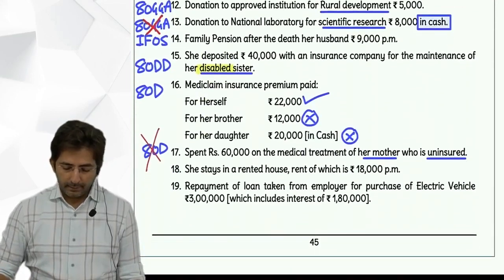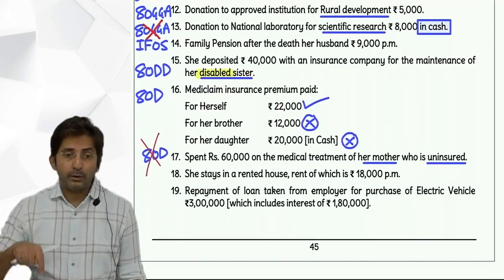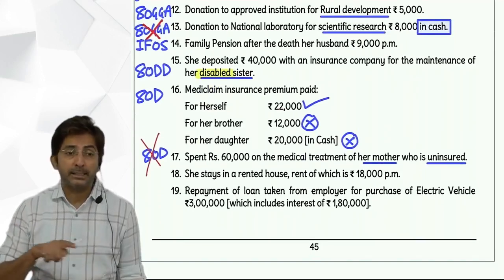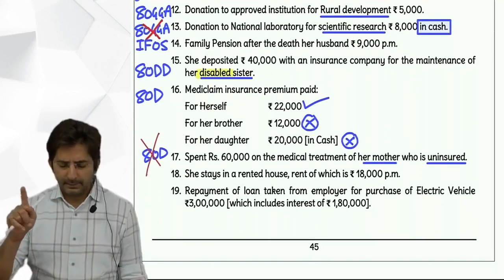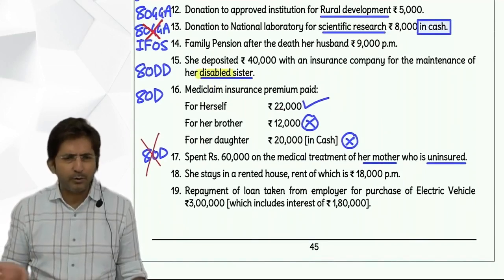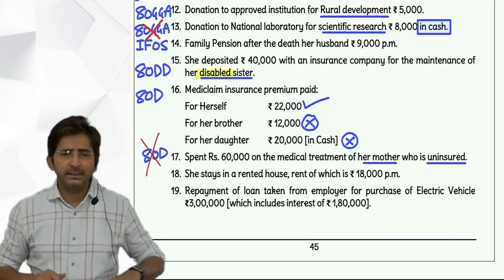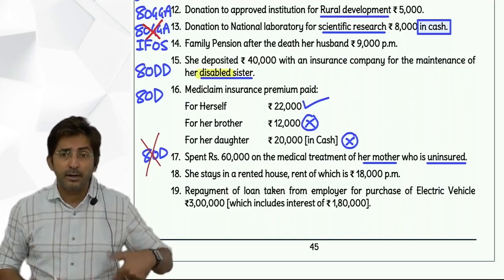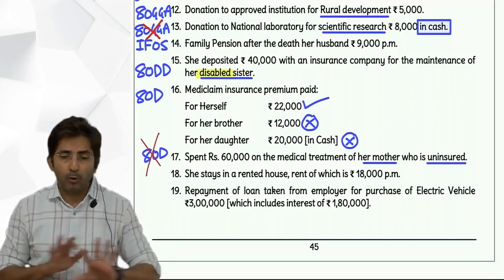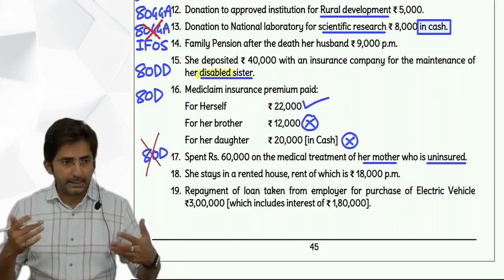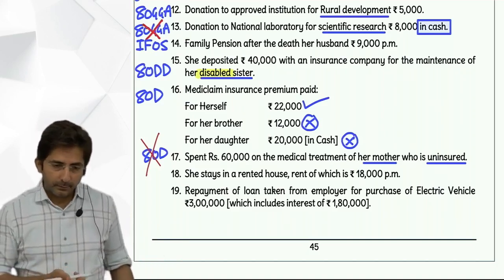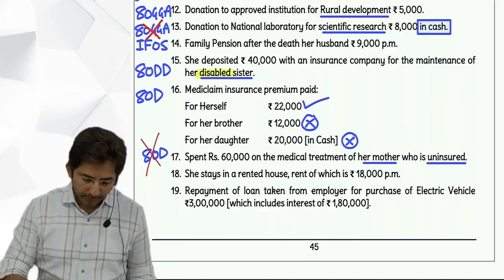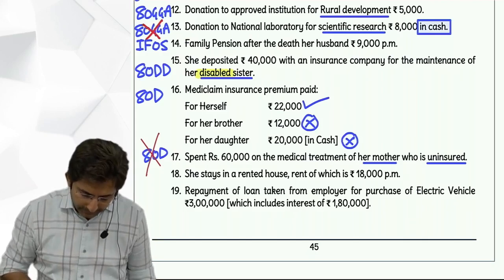And regarding ownership, neither the assessee, nor spouse, nor minor children, nor HUF should own a house. That is not given, so we assume they are not owning a house. HRA is not received, as can be seen. So you can take 80GG. So this fits in 80GG.